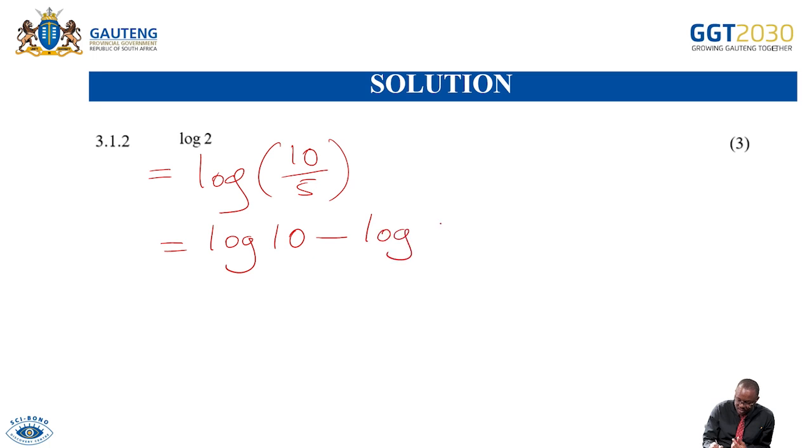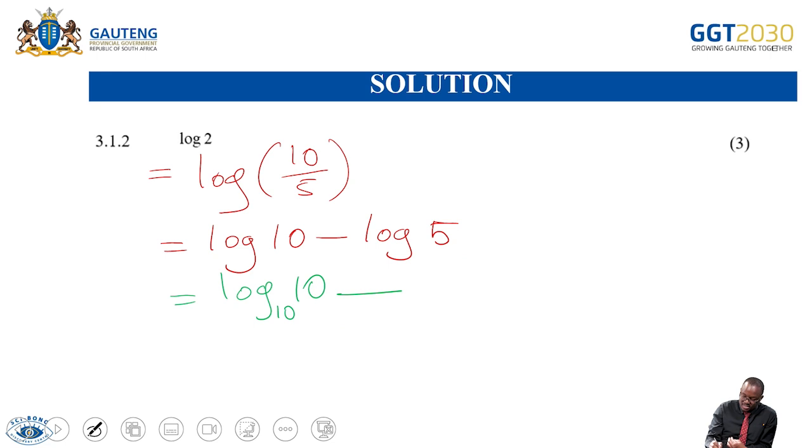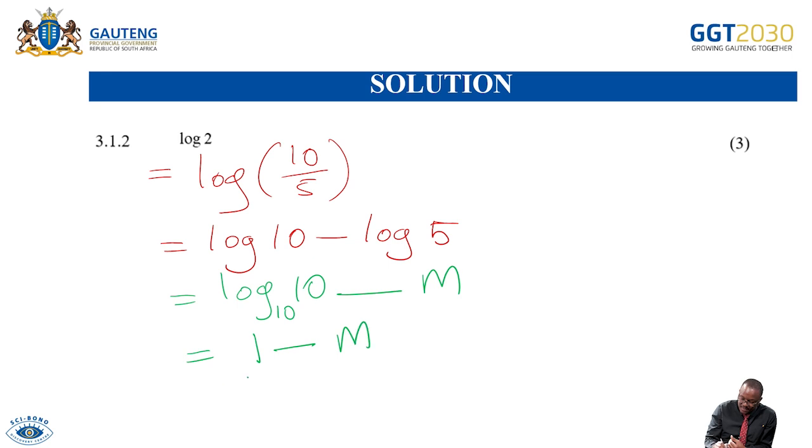If the base is not given, I will assume that my base is 10. But on the other side, they told me that the log of 5 is m. So I will just write m. Then this one is going to be 1 minus m. We wrote it in terms of m.